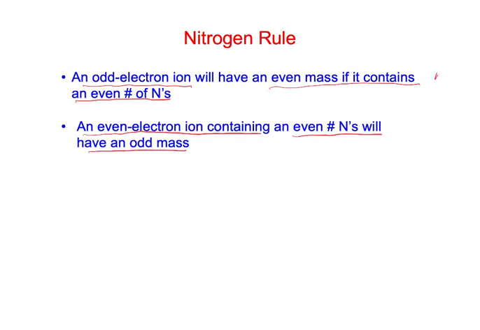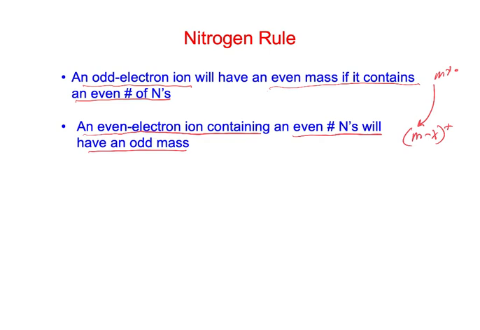So this is the molecular ion. This is some fragment ion. The opposite part of this is that we could say that an odd electron ion that has an odd number of nitrogens will have an odd mass.